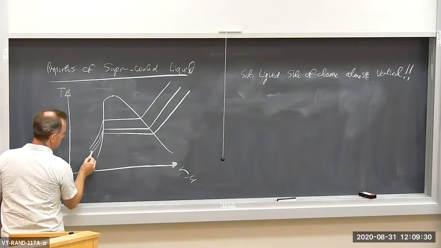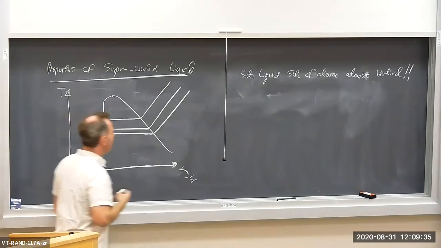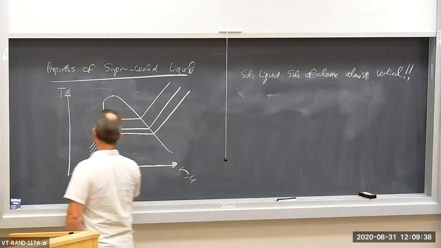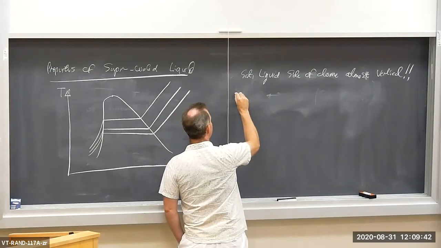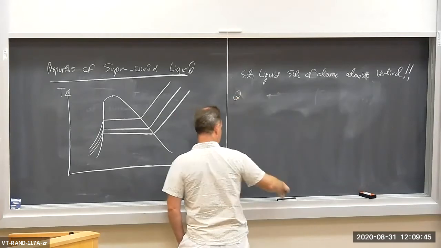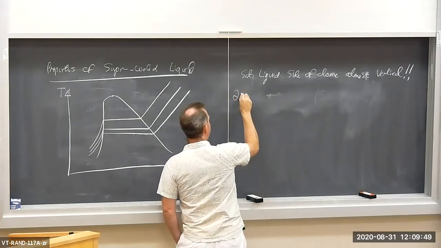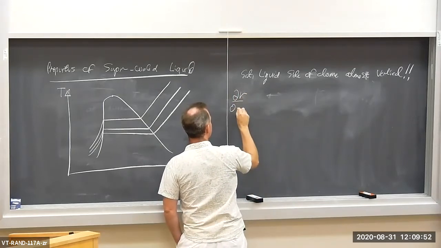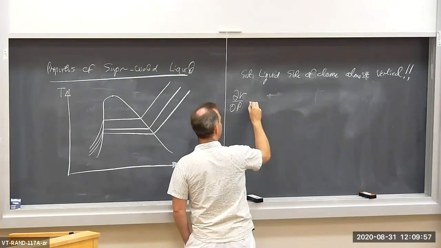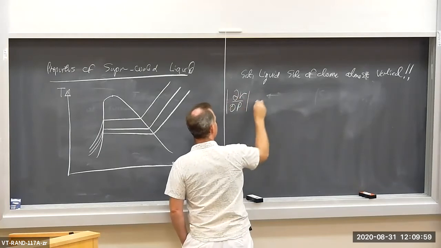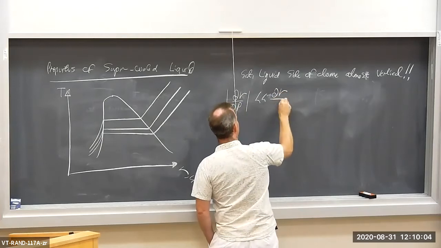Because it's so steep here, and these isobars get so close to vertical, what we can say is that the change in specific volume with respect to pressure is much, much less than the change in specific volume with respect to temperature.